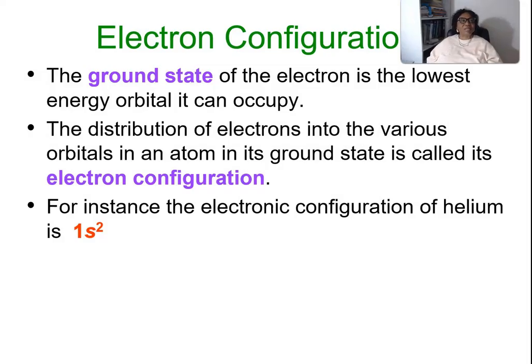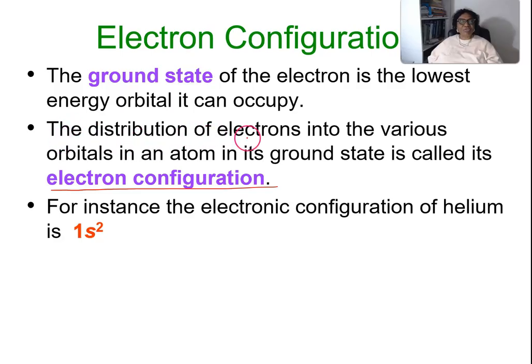So let's talk about electron configuration. The ground state of the electron is the lowest energy orbital it can occupy. The distribution of electrons into the various orbitals in an atom in its ground state is called electron configuration. I'll repeat it again.